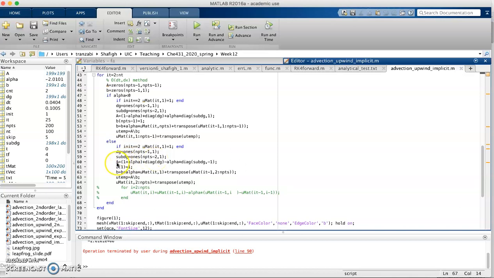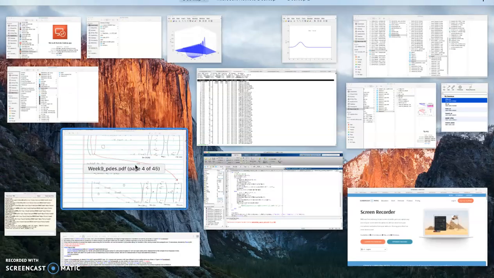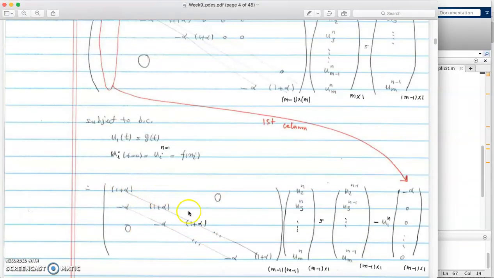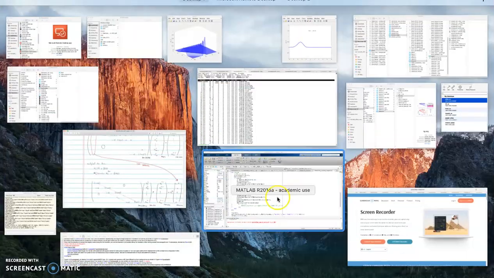So then the way I create this A, I use the command diag in MATLAB, diag of this dg vector, so that creates a diagonal matrix with dg on the diagonal. Then I multiply by 1 plus alpha, which gives a matrix with 1 plus alpha along the diagonal.